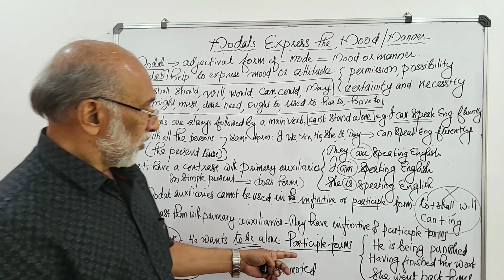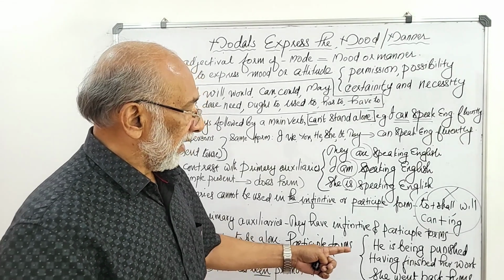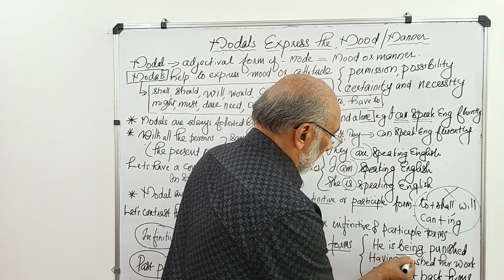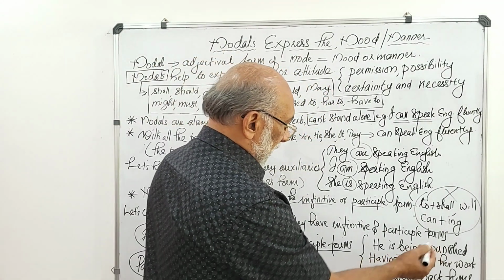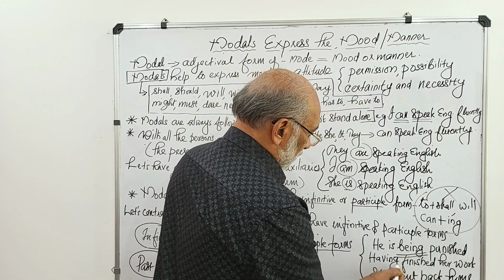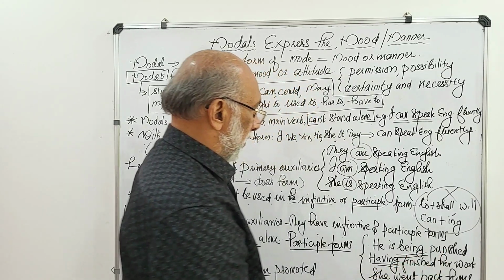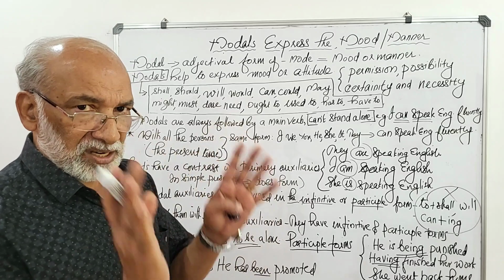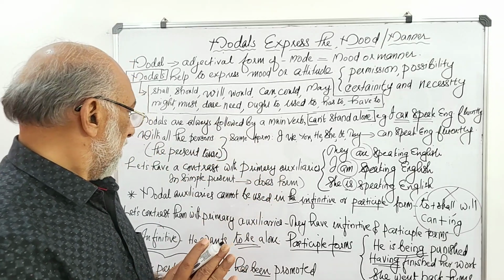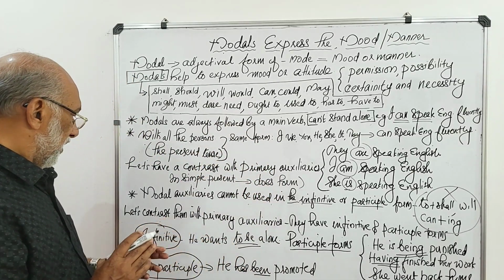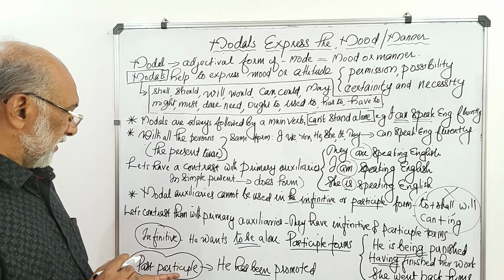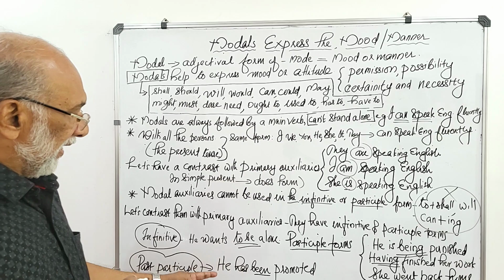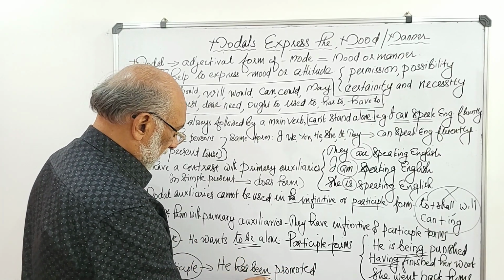Then coming to the participle form. See, he is being punished. This is present participle, and having finished, that is perfect participle. Generally speaking, participle forms. Infinitive, then participle forms, and past participle. An example for past participle: he has been promoted.